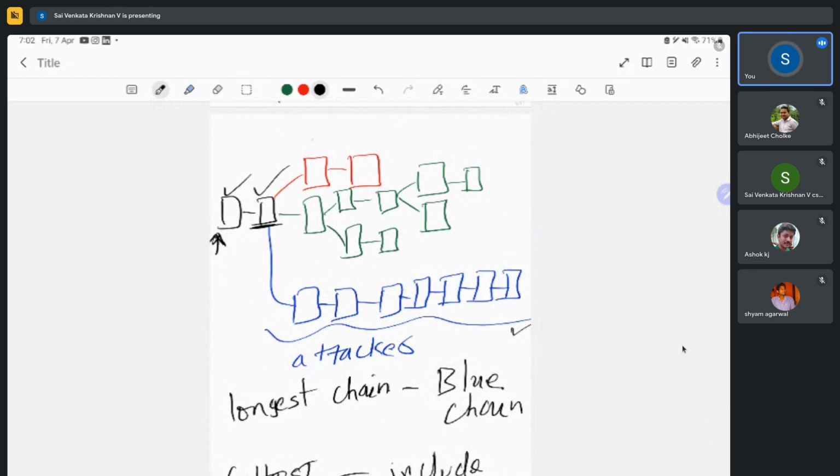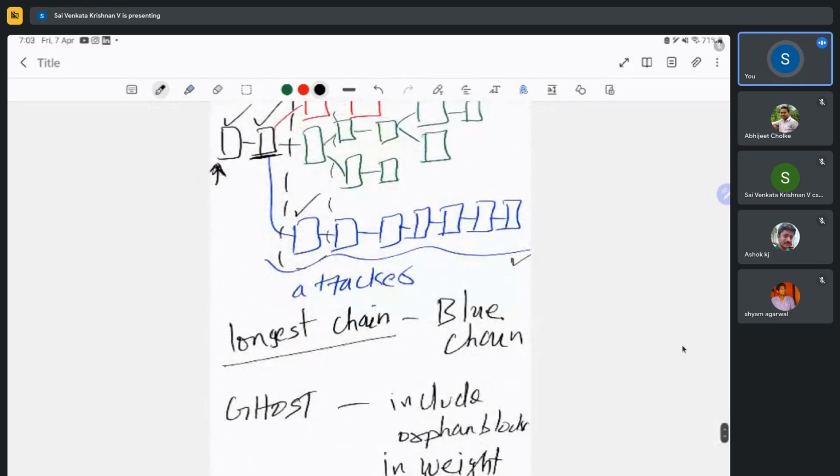Whereas if we come to this particular height 3, which block should be included at height 3? Now what the longest chain will do is, I will look at the chain in which each block is included, and whichever is the longest chain, I'll include that block. So the longest chain will select the blue block because it's part of the longest chain.